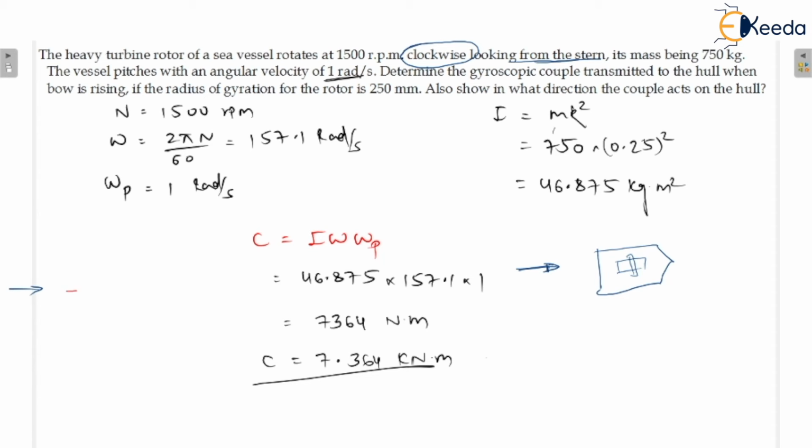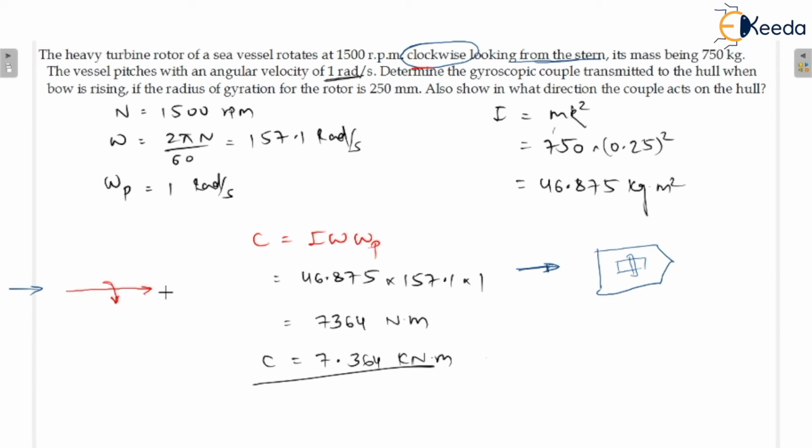Okay, so what is the condition given when you're looking from the rear end? This is the initial position. The angular velocity is 1 radian per second, and the direction of rotation is clockwise. So when you're looking from the stern side and the direction of rotation of the engine is clockwise, it would be like that. For clockwise rotation you have to use the right hand thumb rule.